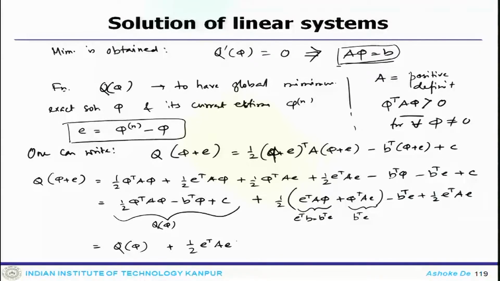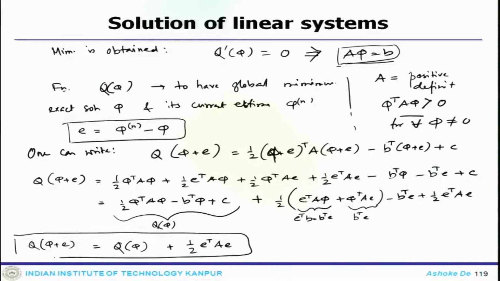Now, the property of A is positive definite. So, since it is positive definite, the second term seen here in q of phi plus E will always be positive, as A is positive definite, except when E is 0, in which case the required solution would have been obtained.